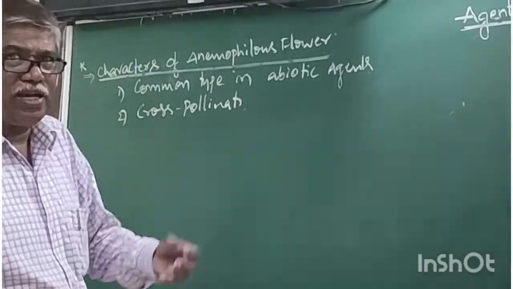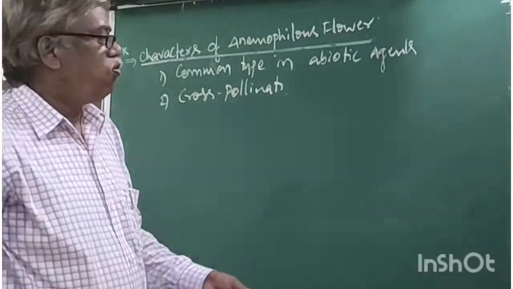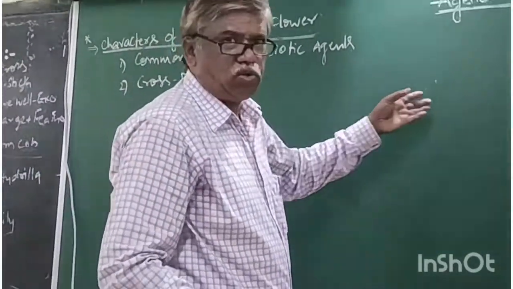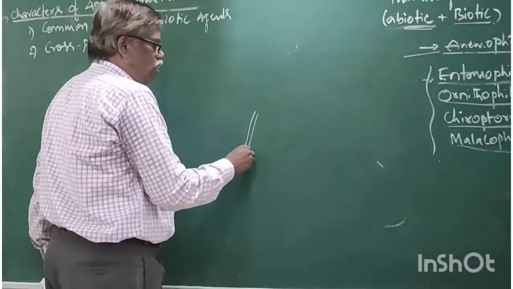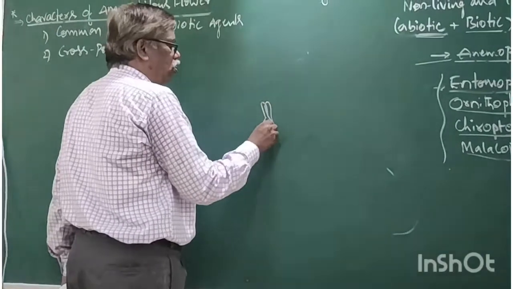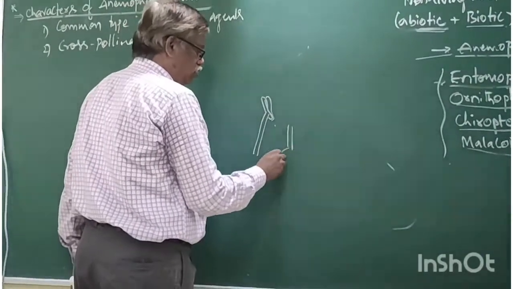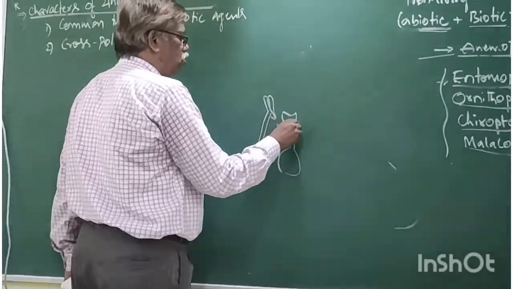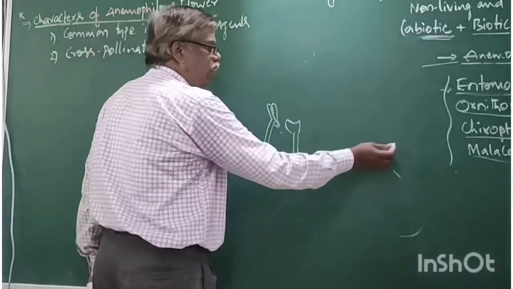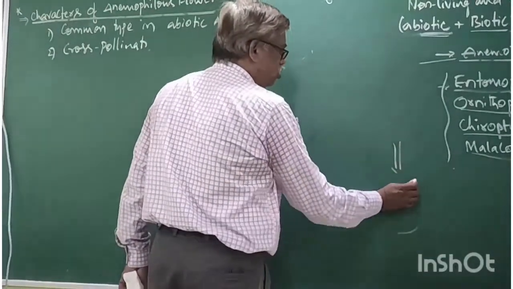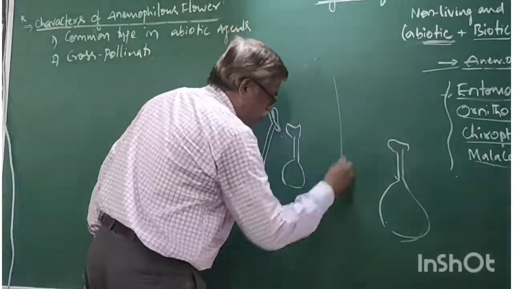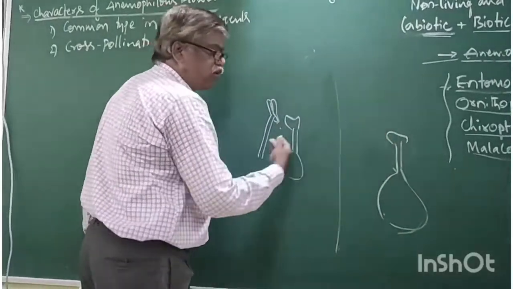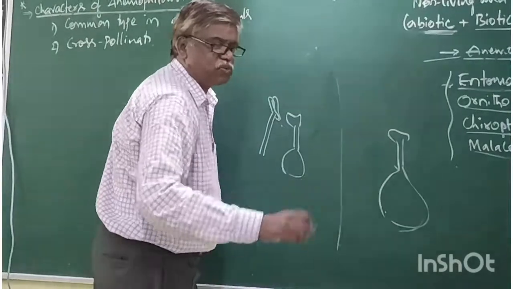The agents carry the pollen grain from anther to stigma. Right. Suppose, see, this is one flower. This is another flower. Two different flowers, same species.